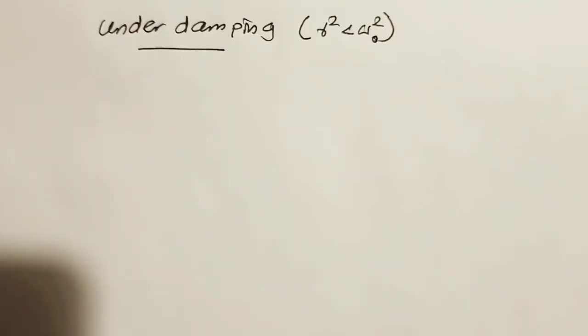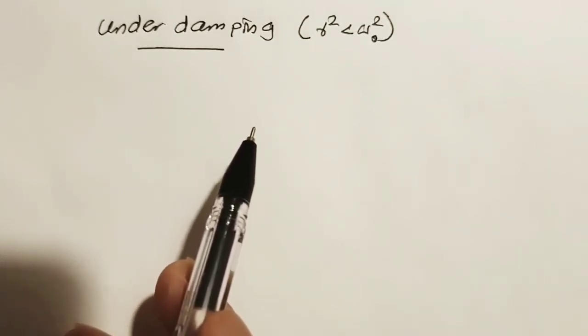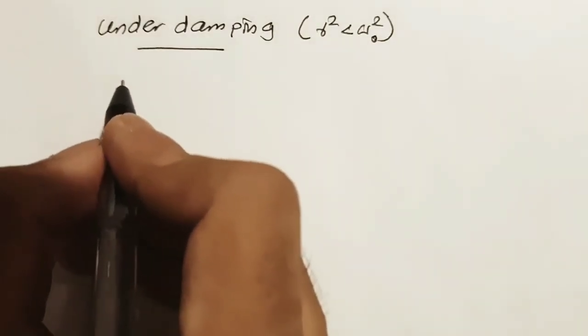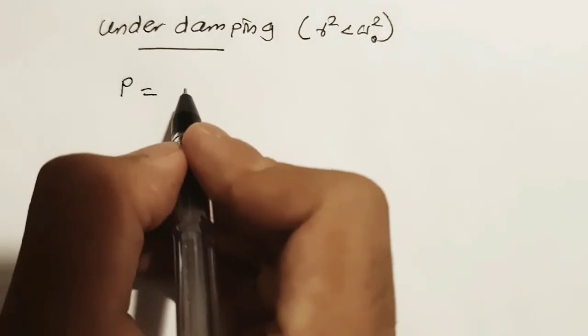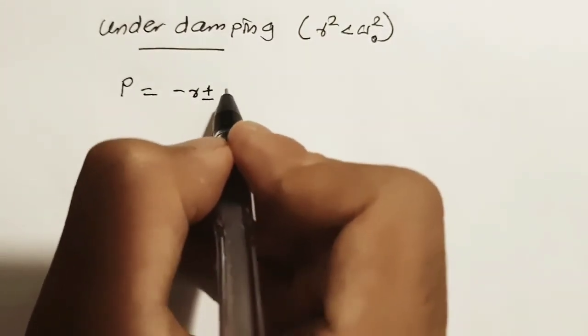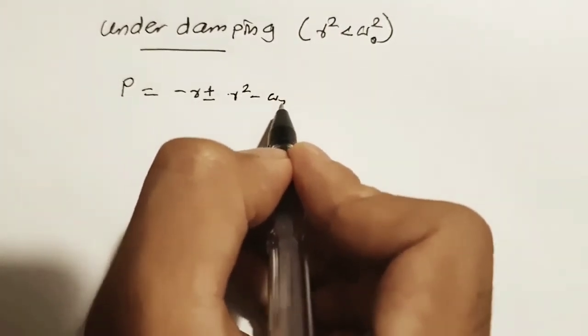Here we consider the underdamping situation, which is case 3. So in the underdamping situation, gamma squared is less than omega naught squared. In this case we obtain that p is equal to minus gamma plus or minus the square root of gamma squared minus omega naught squared.